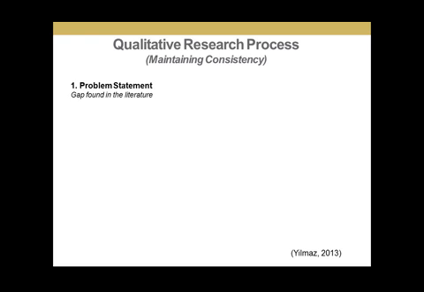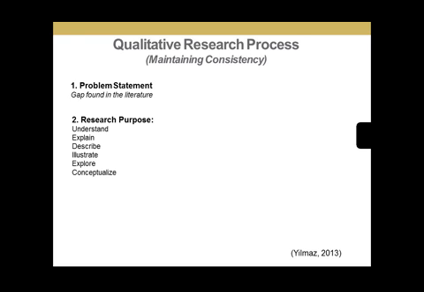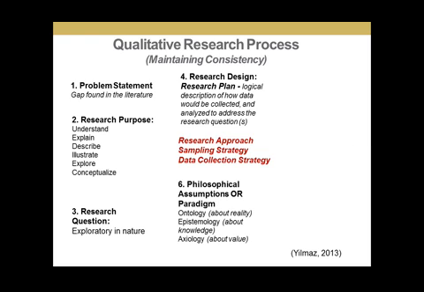Based on the problem, you go back into the literature and see what is really happening. So you identify a problem, you identify a gap in the literature related to the problem, and then you state the purpose of your study, what exactly you want to do. Sometimes you use phrases like: the purpose of this study is to understand a phenomenon, to describe what is happening, to explore or conceptualize.